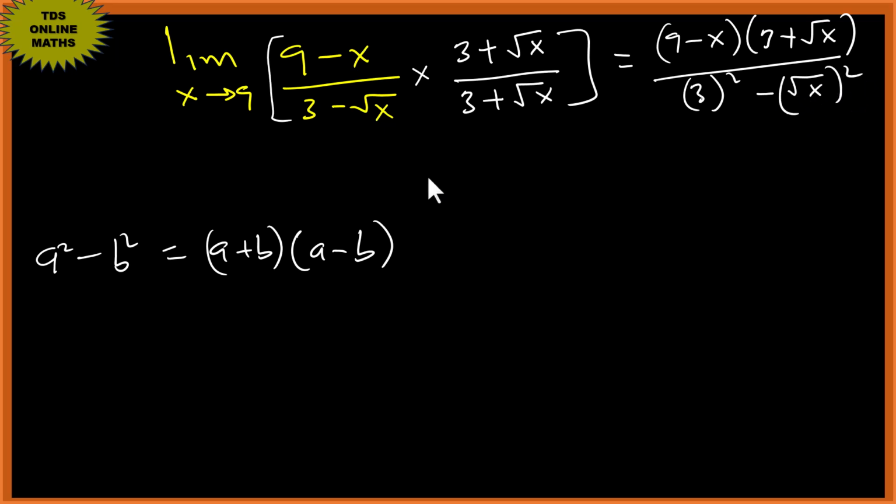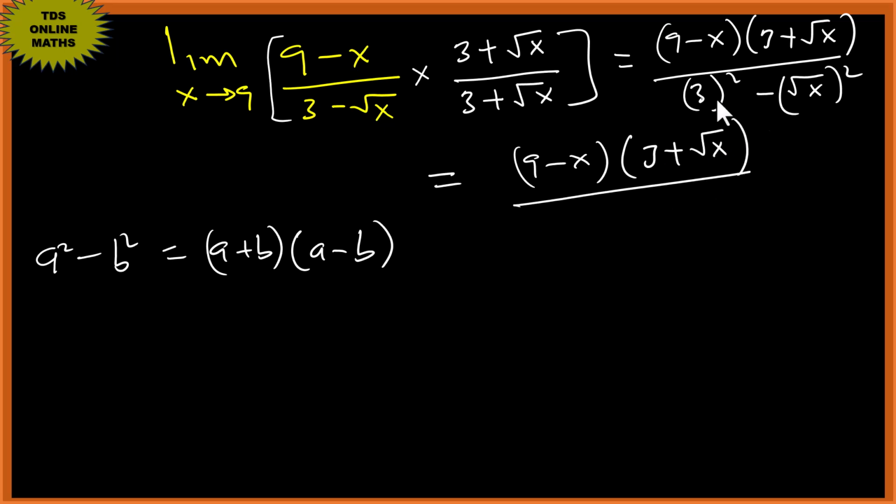Okay, so I have 9 minus x, 3 plus root x. So this side is 9, and this one will cancel the root sign, minus x. So what do you see here?